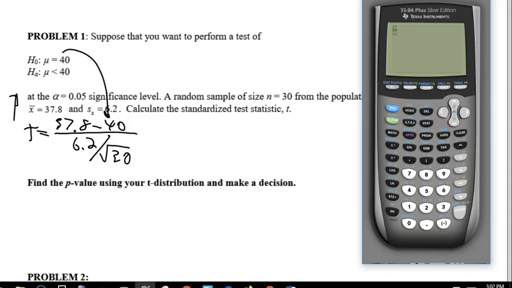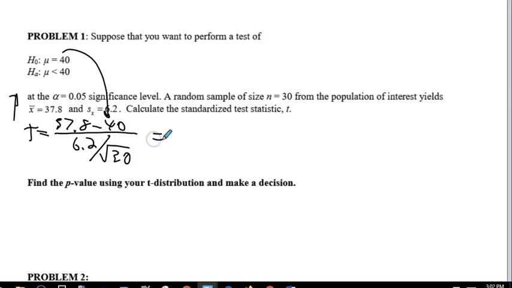On the top, we're going to do 37.8 minus 40. On the bottom, we're going to put our 6.2 divided by the square root of 30. Negative 1.94. So that's my t. Negative 1.94.